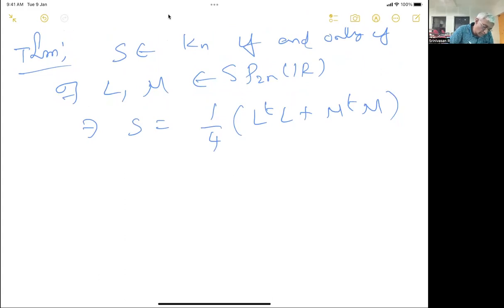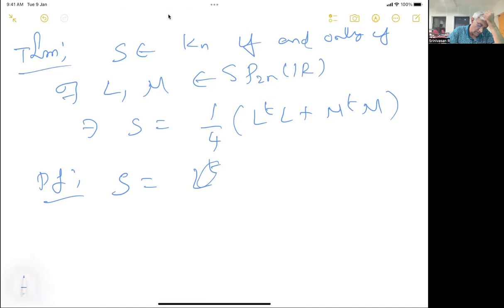So we want to prove this. If S is in Kn, then S is equal to N times the diagonal matrix with D and D, times N transpose.